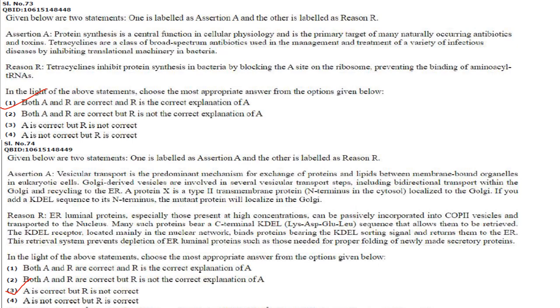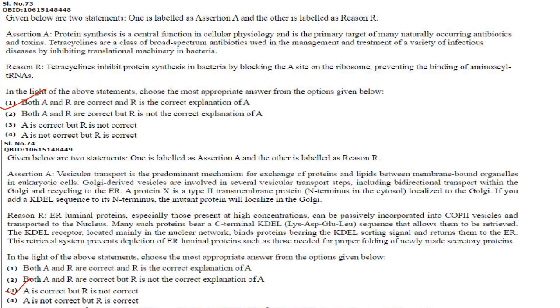So that is also correct, and it is the correct explanation of A. So both A and R are correct, and R is the correct explanation of A.